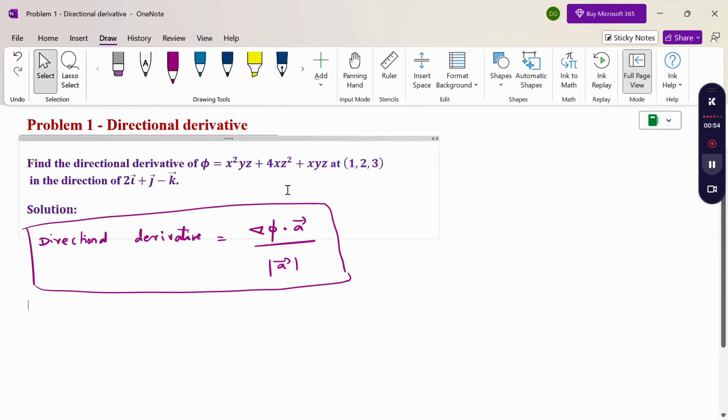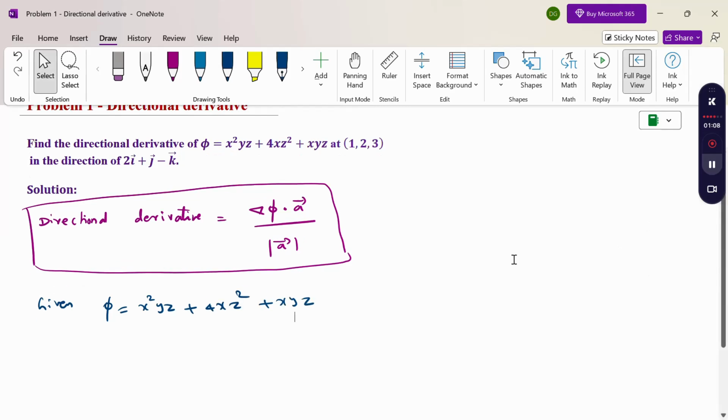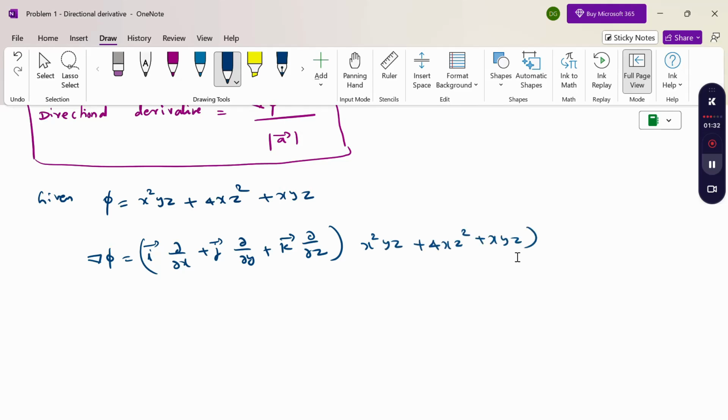Now here in this problem, given phi equal to x squared yz plus 4xz squared plus xyz. First of all, to calculate the gradient, that is del phi. Del phi equals the del operator: i vector dou by dou x, j vector dou by dou y, k vector dou by dou z, acting on phi. Now multiply with every term.